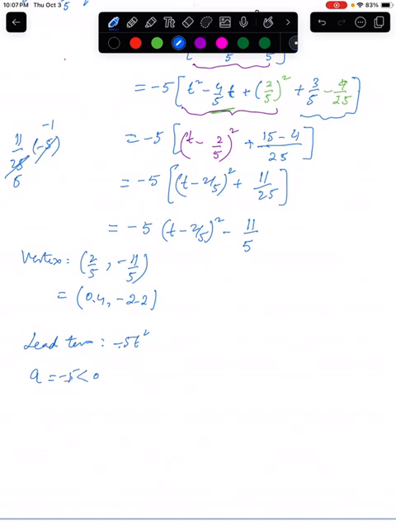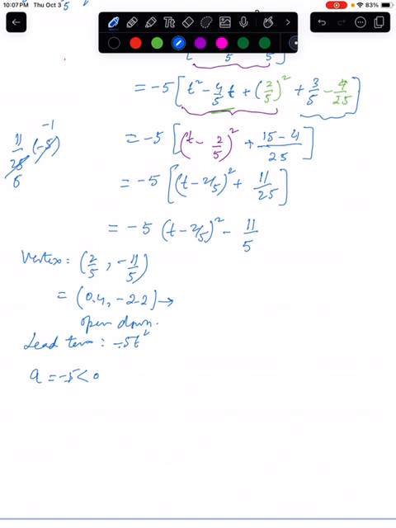So it means we do not need to find the x-intercepts because the graph is never going to cross the x-axis. Even if you try to find them, you will get complex numbers. So you say that the x-intercepts do not exist.